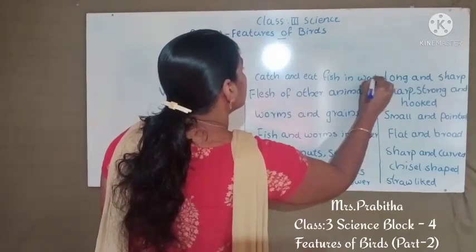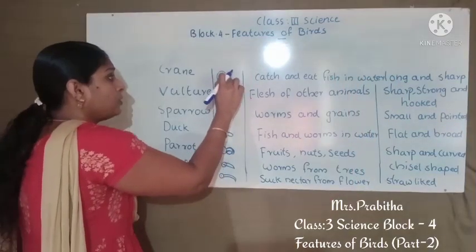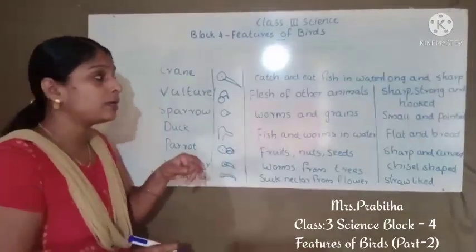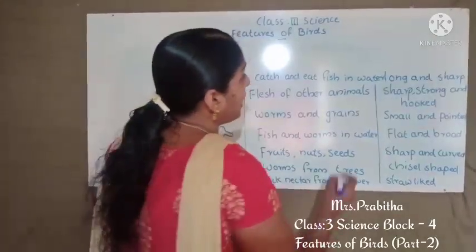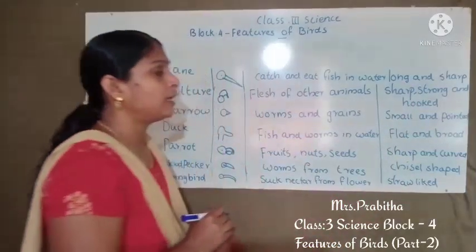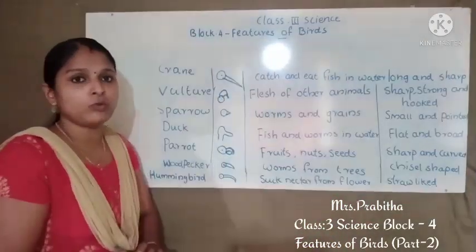Yes, a very long beak it has. How does this beak help the bird? Yes, this kind of beak helps the bird to catch fish in water. Long and sharp beak. This kind of beak helps the bird to catch and eat fish in water.